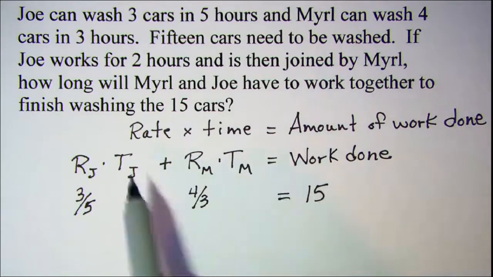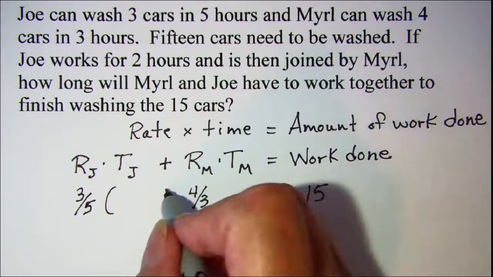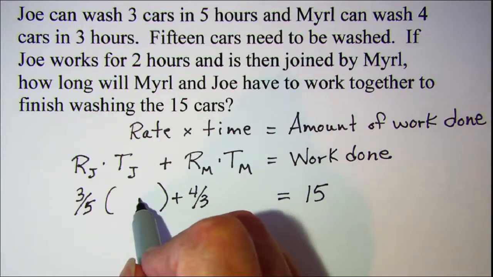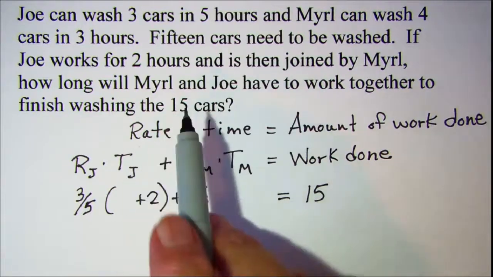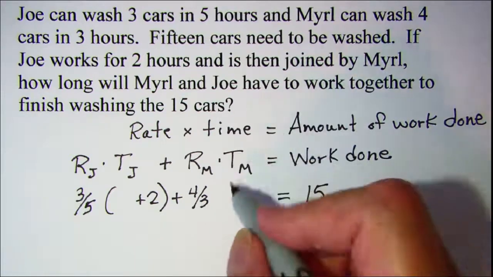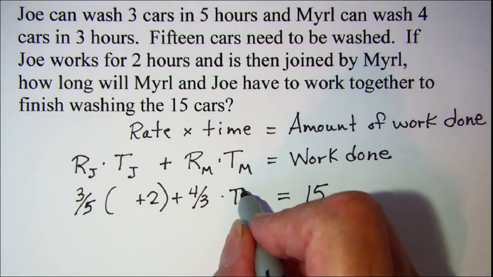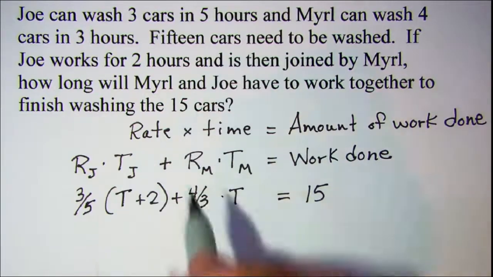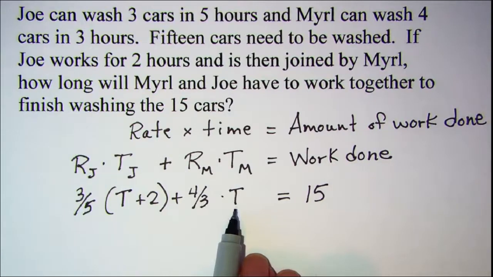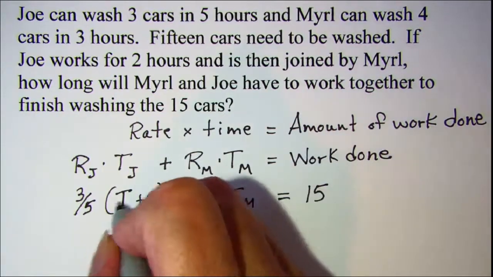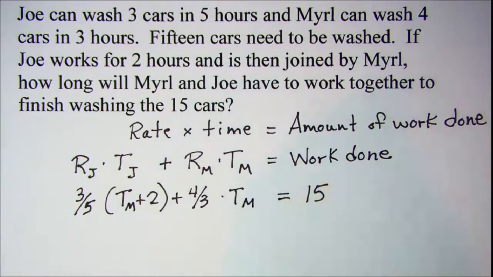So Joe's time is going to be some time plus 2. And we don't know about Merle's time, so we'll let that be T. And then Joe's time will be T plus 2. When I solve, you may want to write this as T sub m, and that way you know that it will be Merle's time once I solve for that.